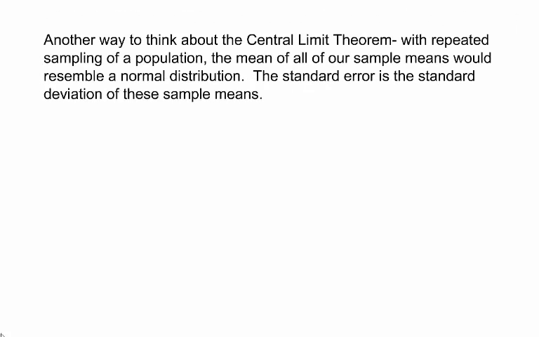Here's another way to think about the central limit theorem. With repeated sampling of a population, the mean of all of our sample means would resemble a normal distribution. The standard error is the standard deviation of this collection of sample means.